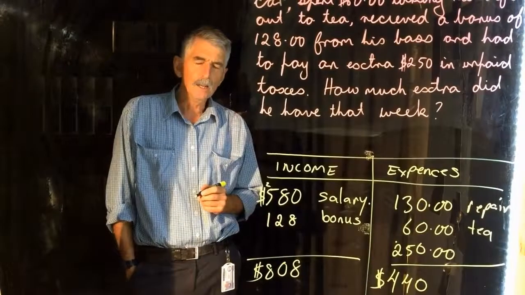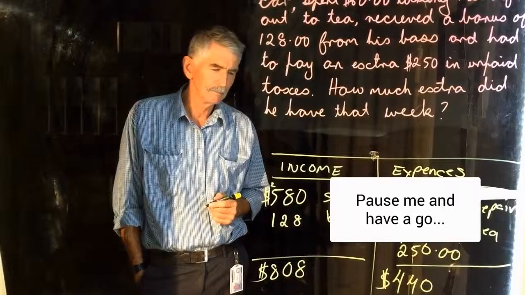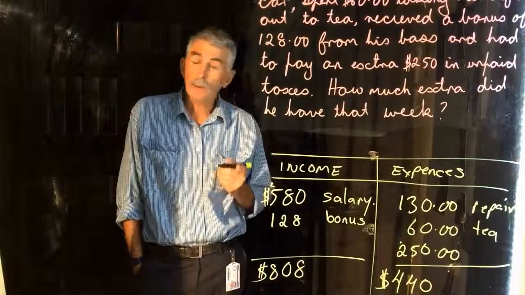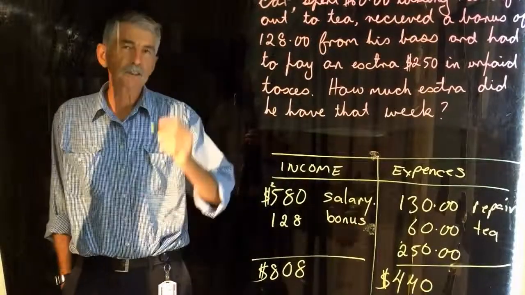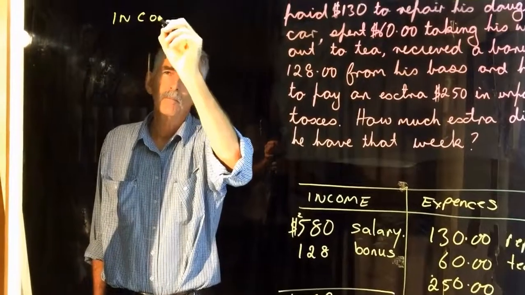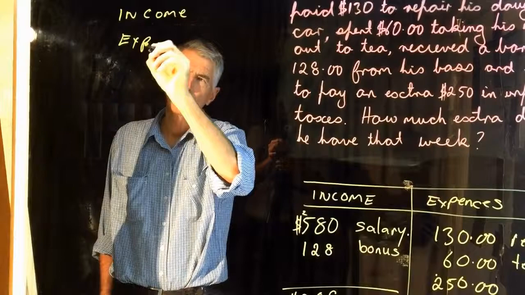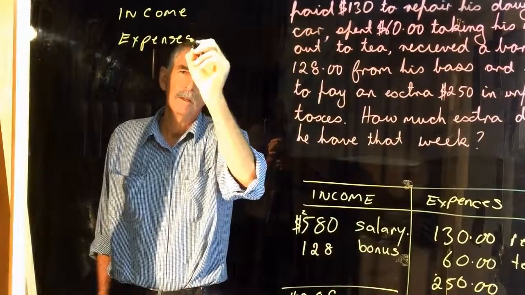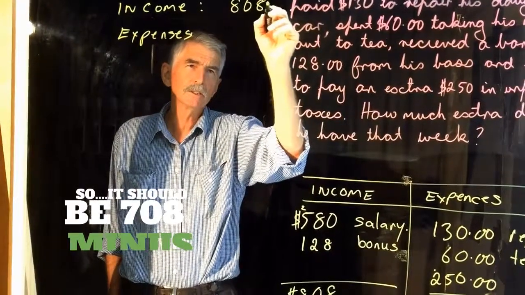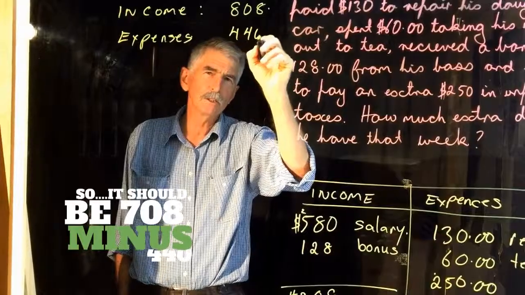Now that I've gone that far, what's going to be the next step as we solve this equation? So if you said we're going to do a subtraction and we're going to take the expenses away from the income, you would be right. So we're going to take the expenses of $440 away from the income of $808.